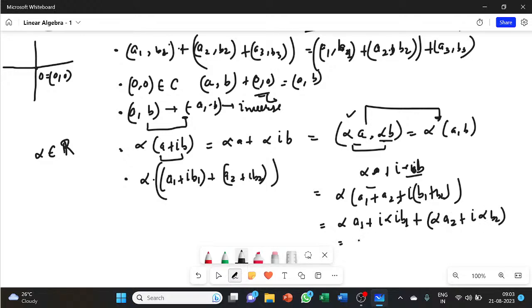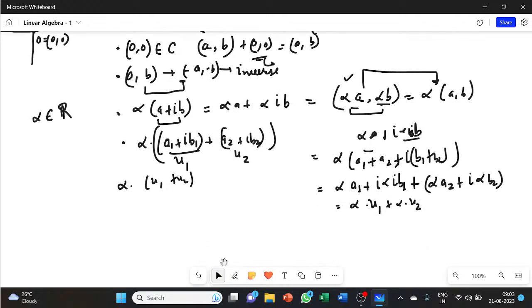It is similar to writing u1 and u2: alpha dot u1 plus u2 equals alpha dot u1 plus alpha dot u2.